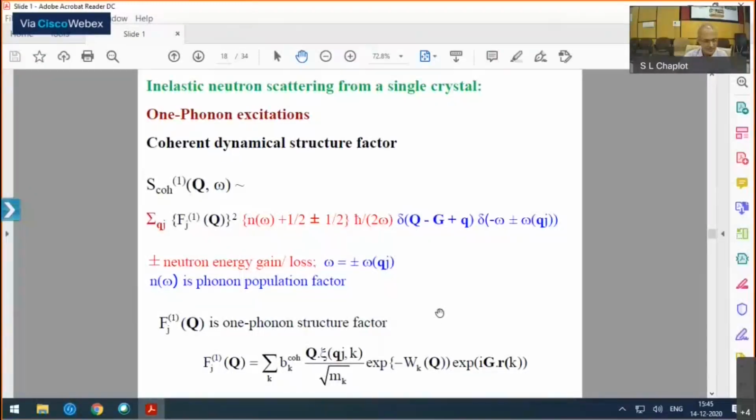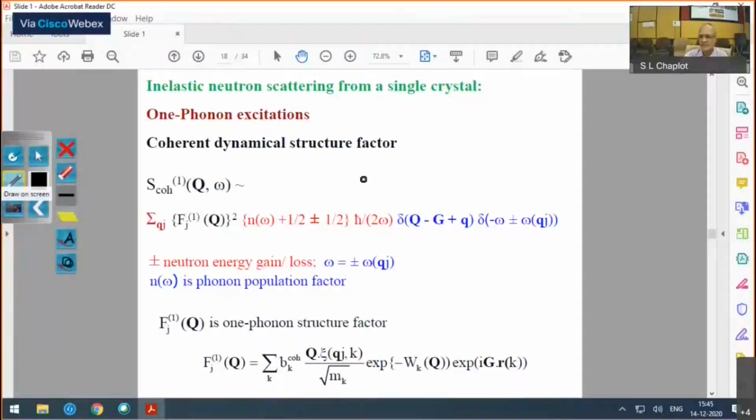But then there are certain atoms, for example, I think I mentioned hydrogen and deuterium. Hydrogen has a very large incoherent scattering and much smaller coherent scattering.